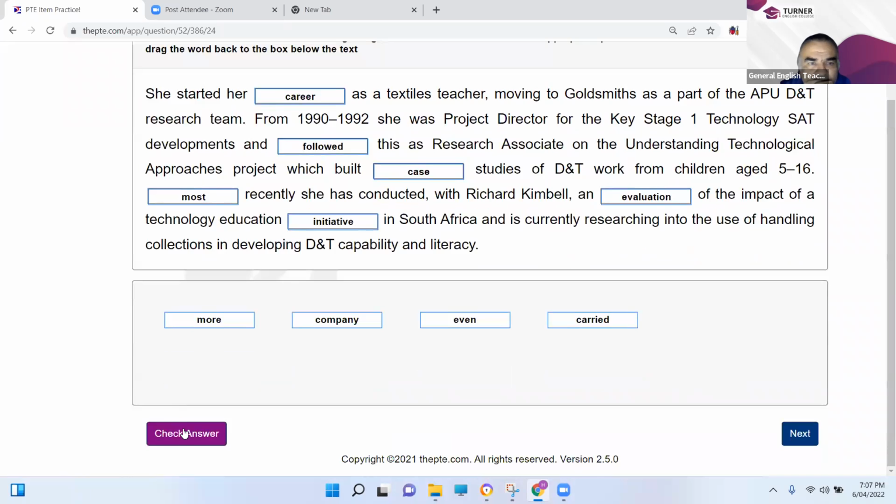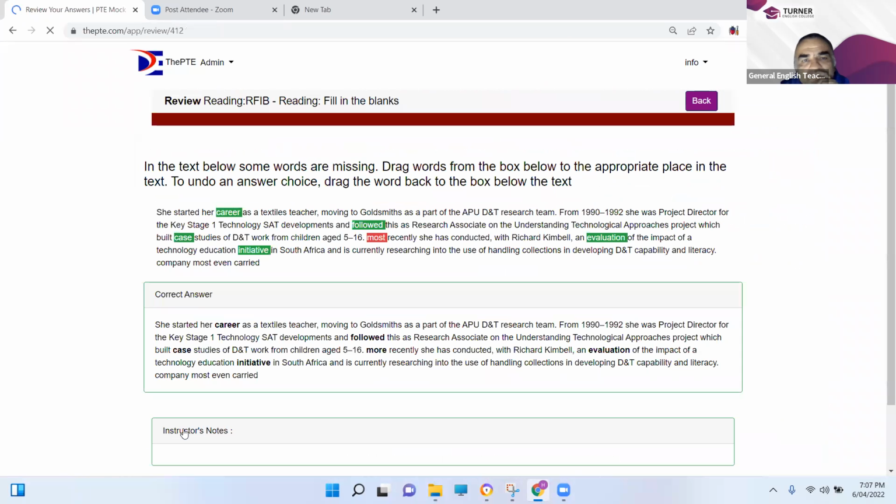Okay, and let's check. No, more recently. More recently, she has joined. She has conducted. If you want to use most, say the most recent. Okay, the most recent.